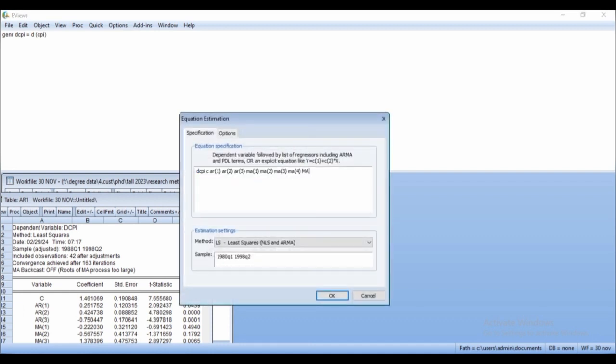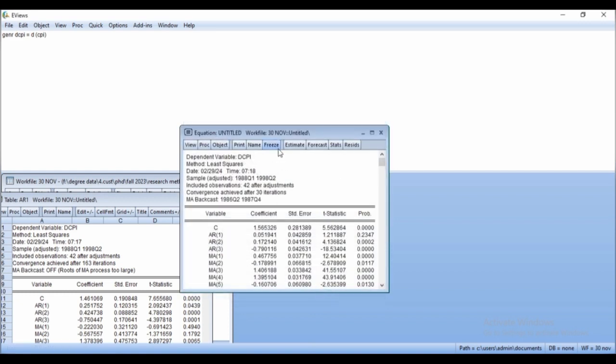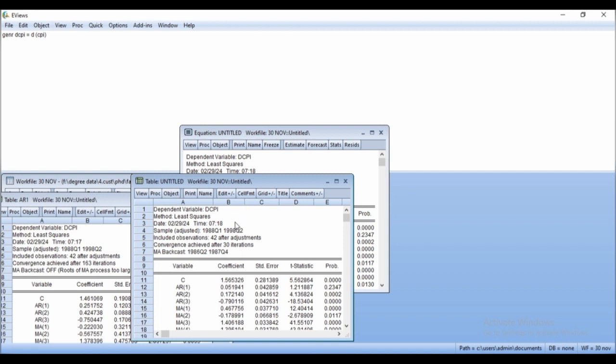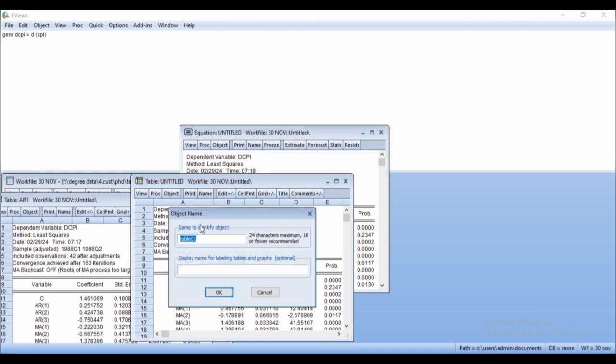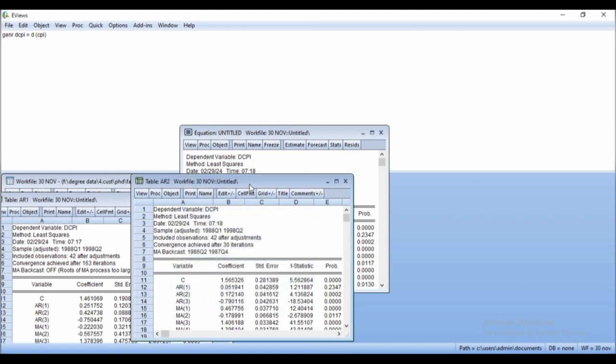Here MA will increase to 7. Okay, we will freeze it and name it as AR2 and it will be saved.